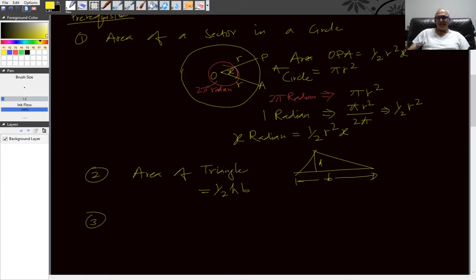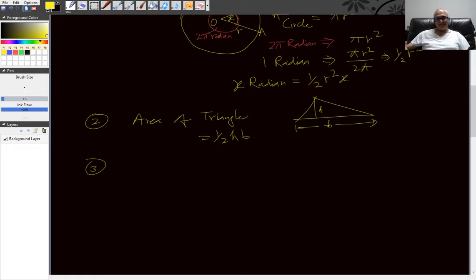And number 3 is that we'll be dealing with sin x. So if this is P, this is O, this is Q, sin x will be PQ divided by OP, and tan x will be PQ divided by OQ. So this is a very quick revision.